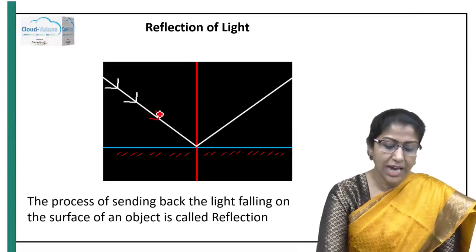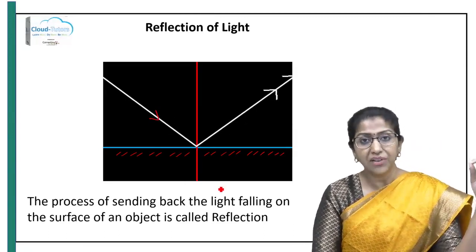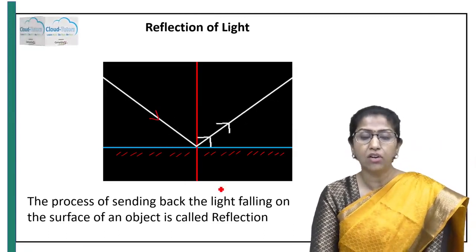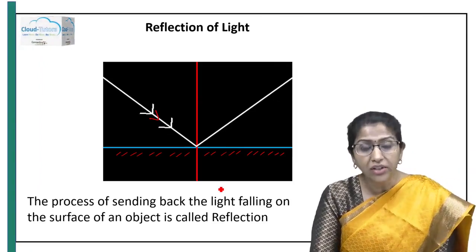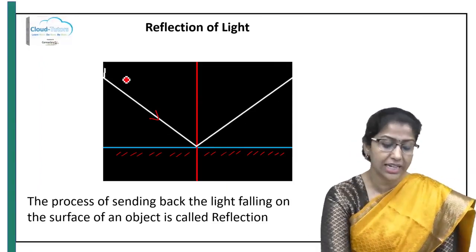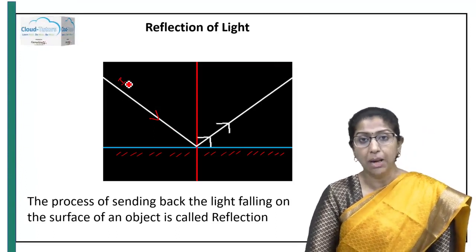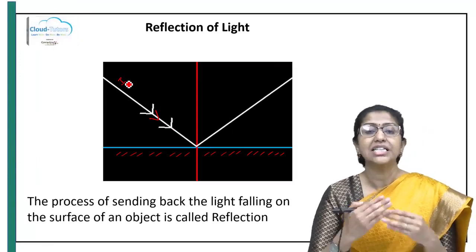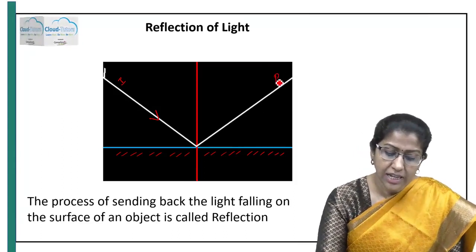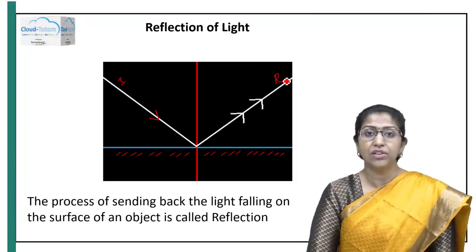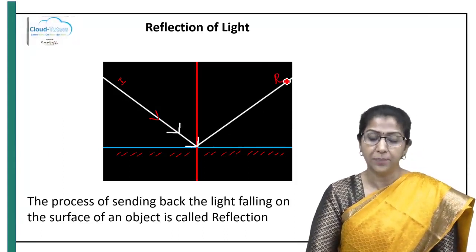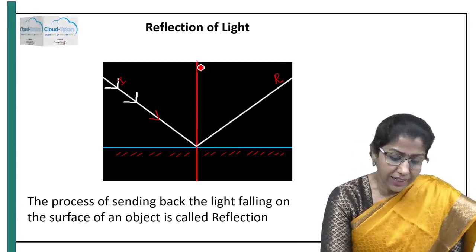So here what is happening is the ray which is falling onto the surface is called the incident ray, and we can denote it by capital I. And the ray which is getting sent back is obviously the reflected ray, and it can be denoted as capital R.